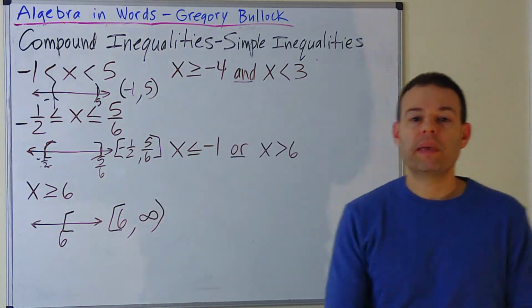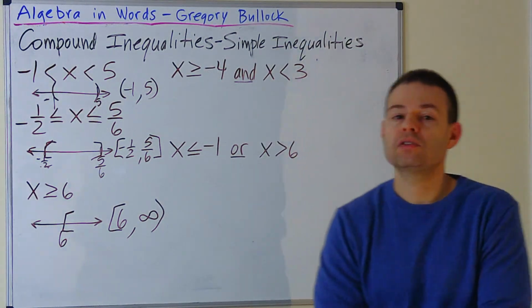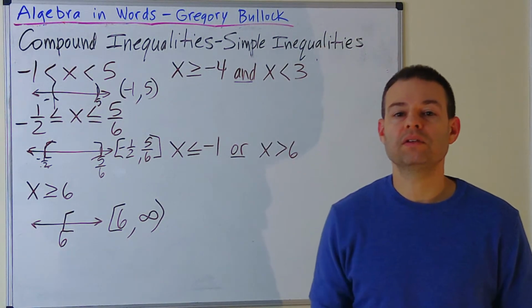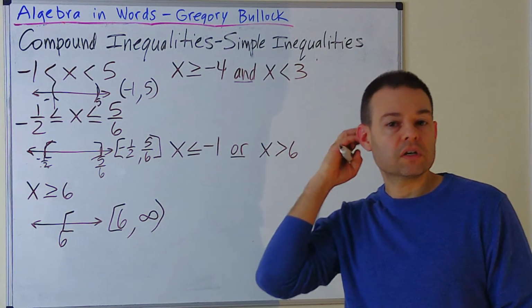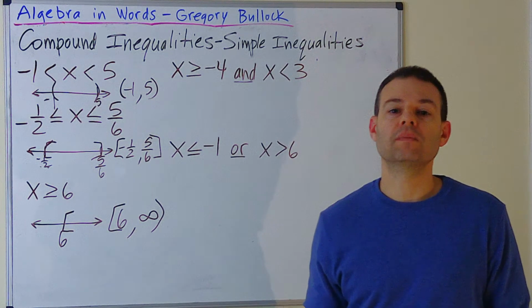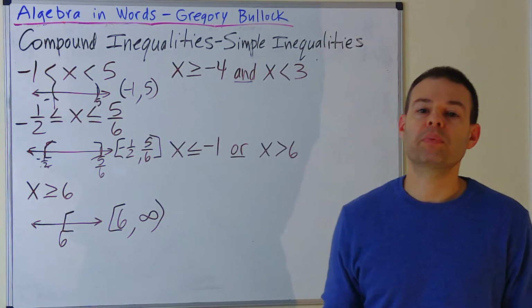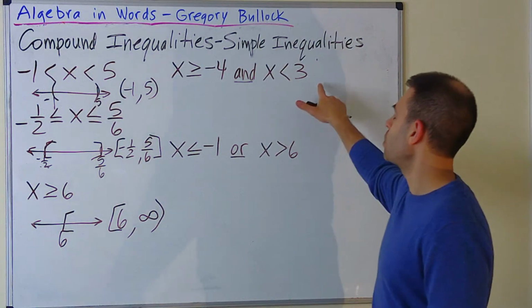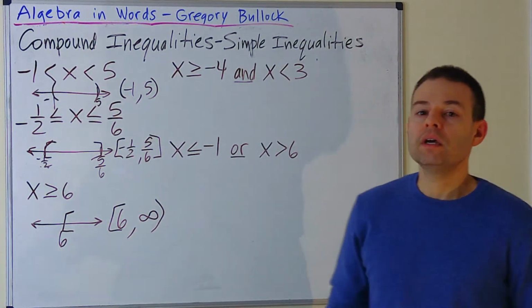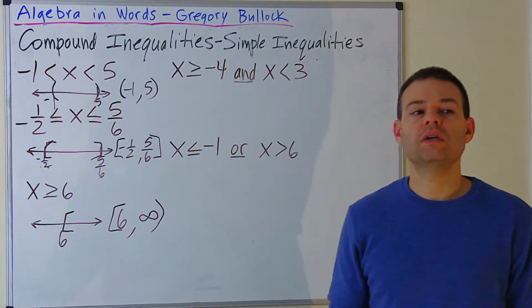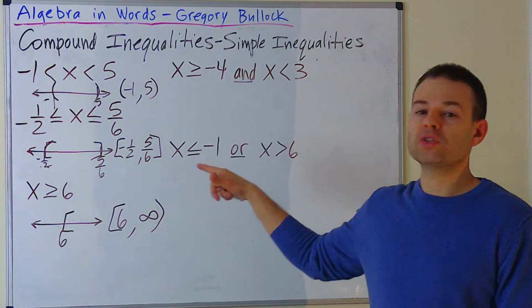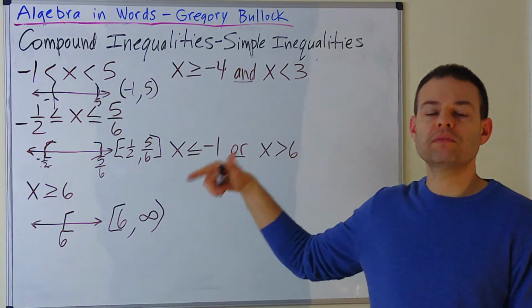Now let's look at the remaining two. The remaining two are two simple inequalities broken up and connected by either and or. So we're going to report them appropriately. Let's start with this one. In the previous ones we graphed first and then went to interval notation.